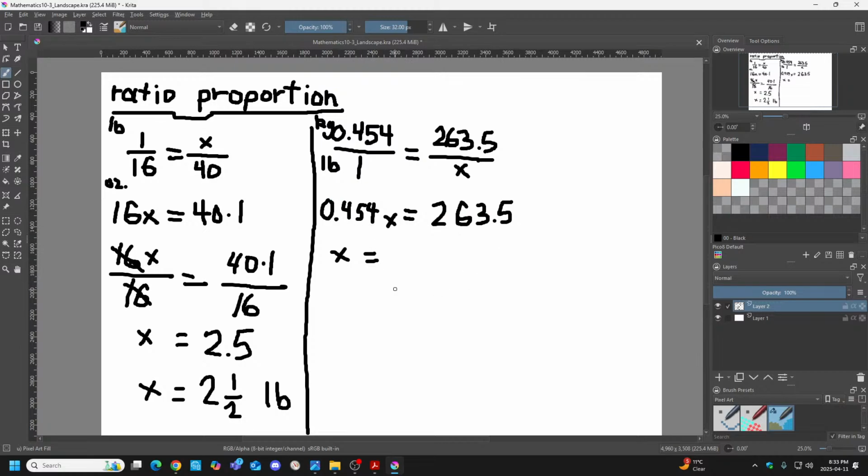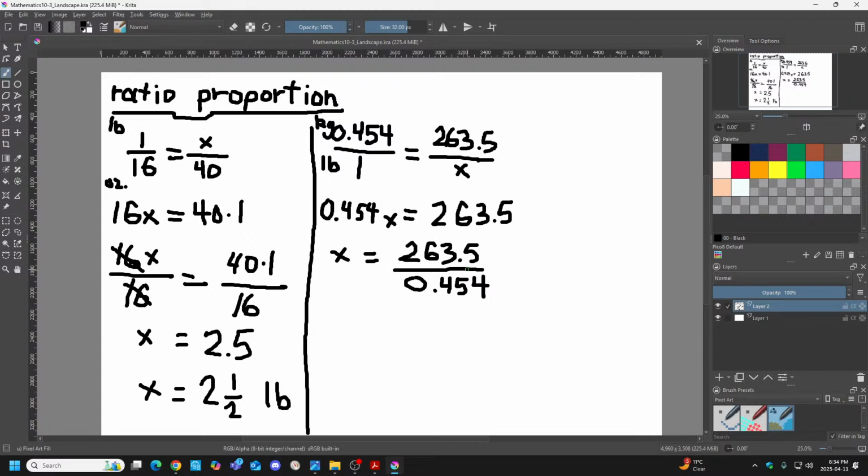So to cancel these out, essentially we go 263.5 divided by 0.454. Now we're on the right track. If I divide here, these just get canceled, right? If you divide the same number by the same number, it's just 1, guys.